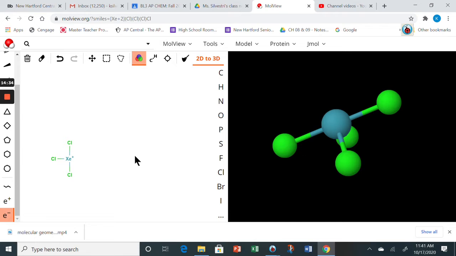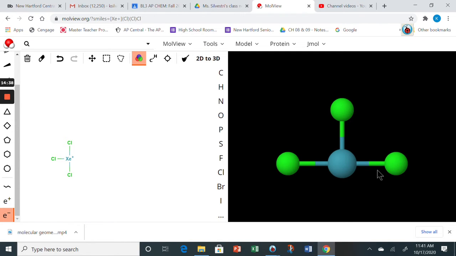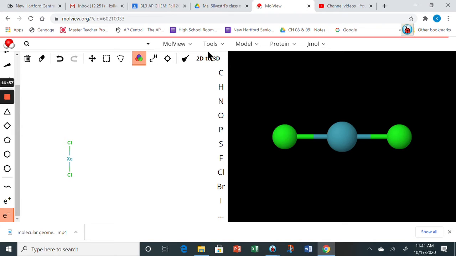I'm counting lone pairs. Let's see if they give me a T-shape. Here's my T-shape. Oh good, so xenon's working. If I take another one off, so it would be 8 minus 2 minus 6, so this will go to a neutral. And there's your linear, okay?